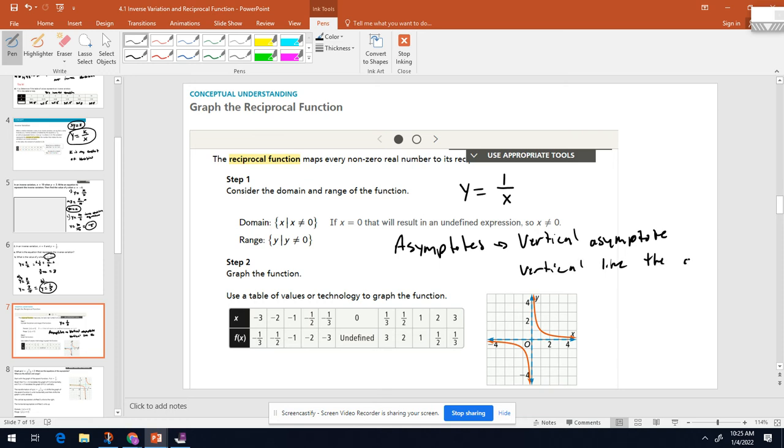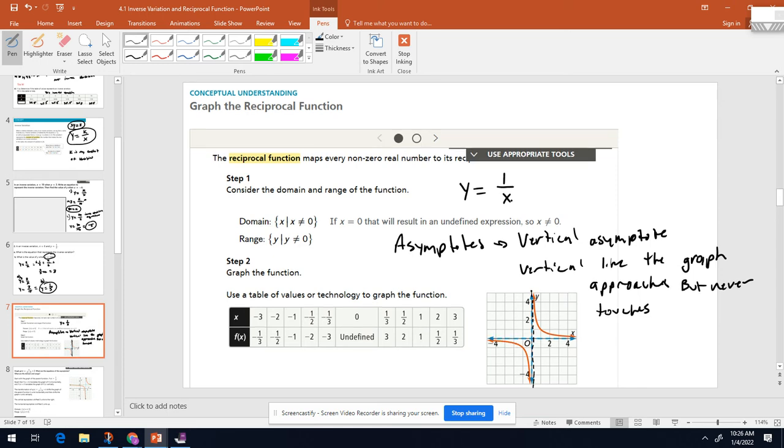The graph approaches it but never touches it. And why do we have that right here? Because when I plug in 0 here, it's undefined. So that's a vertical asymptote.